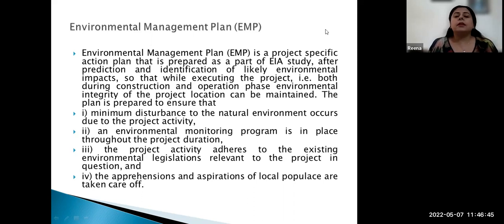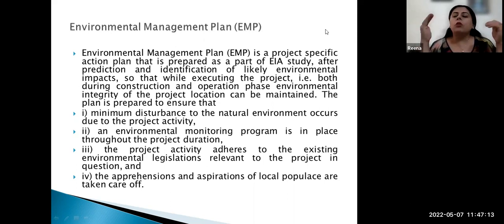And after you get environment clearance, in the environment clearance letter itself, there are 40 to 50 conditions which have to be adhered to during the period of environment clearance and project activity. In those guidelines, it has been mentioned how many times you have to get your air monitoring report, how many times you have to test your water quality, effluent water quality, and noise levels in your project site.